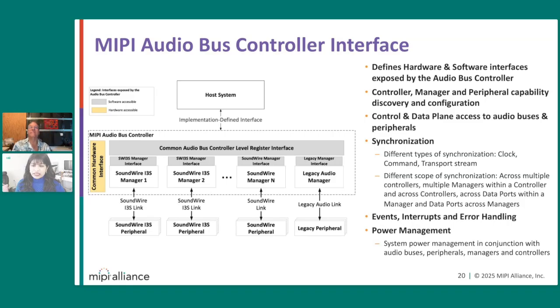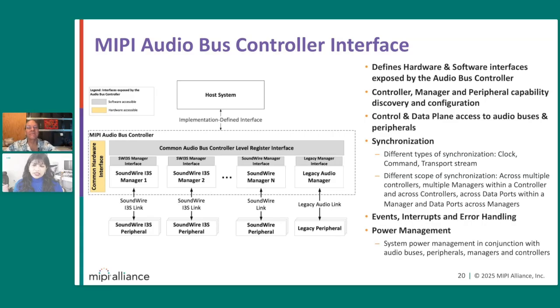So if you look at this diagram on the slide, at the top, we have the host system, which can be running the operating system, power management framework, and driver stack. And it communicates with the audio bus controller through an implementation-defined bus or fabric that could be, say, PCIe or APB or another system-specific interconnect.